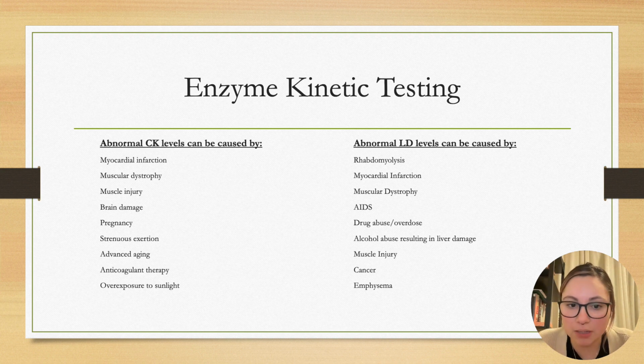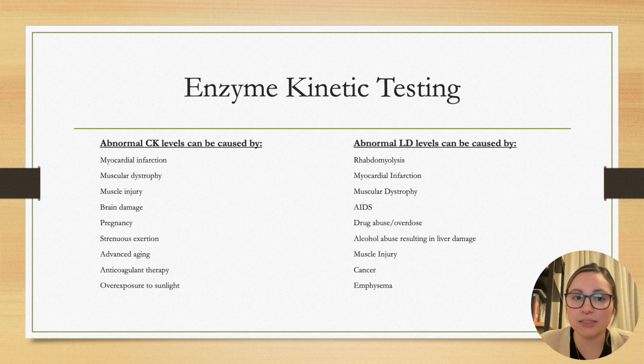Abnormal CK levels can be caused by myocardial infarction or heart attack, muscular dystrophy, muscle injury, brain damage, pregnancy, strenuous exertion, advanced aging, anticoagulant therapy, or an overexposure to sunlight.